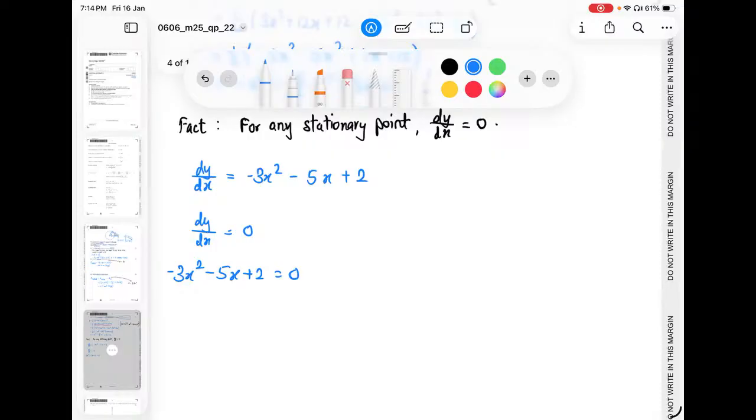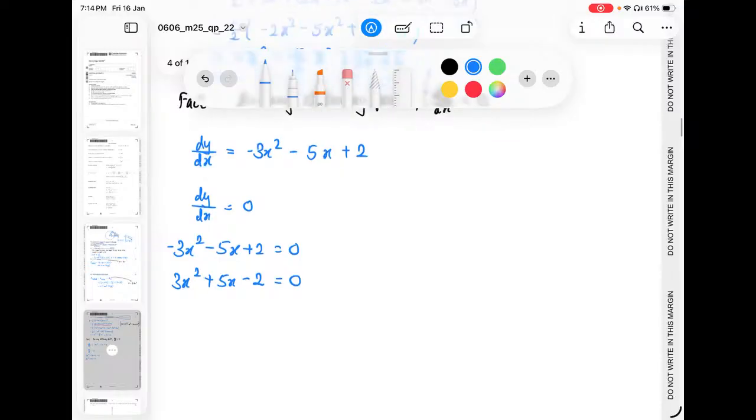And then you can use the calculator to solve this. Let me rearrange this, because we can write it also as 3x squared plus 5x minus 2. We can take negative 1 outside, and when you divide both sides by negative 1, it's still 0 on the right hand side.